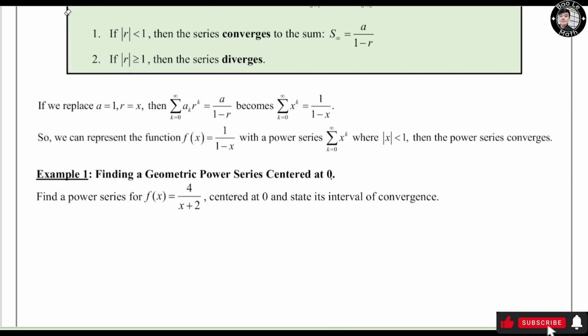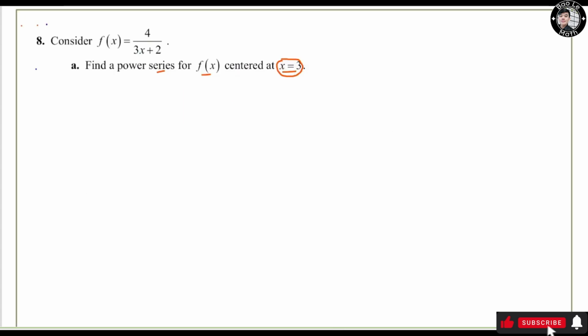You need to rewrite the function in the form of the sum of an infinite geometric series, a over 1 minus r. So I have f(x) equals 4 over 3x plus 2. Now, since the center is x equals 3, I need to convert this into factor form.